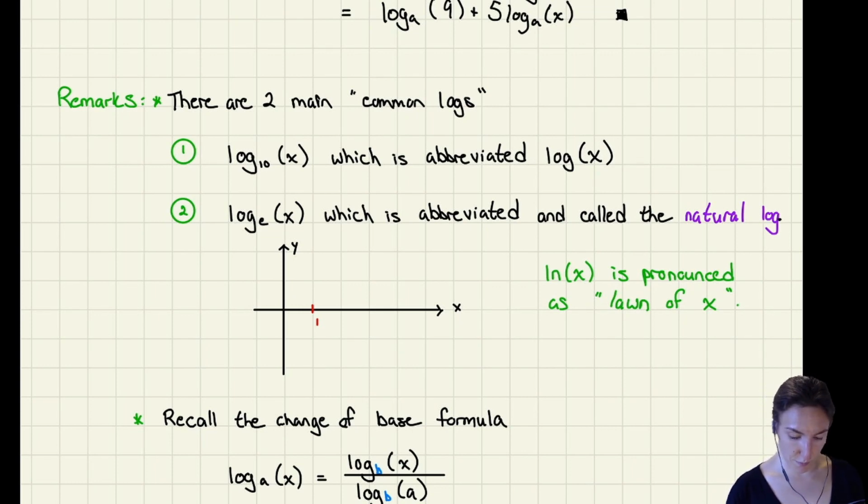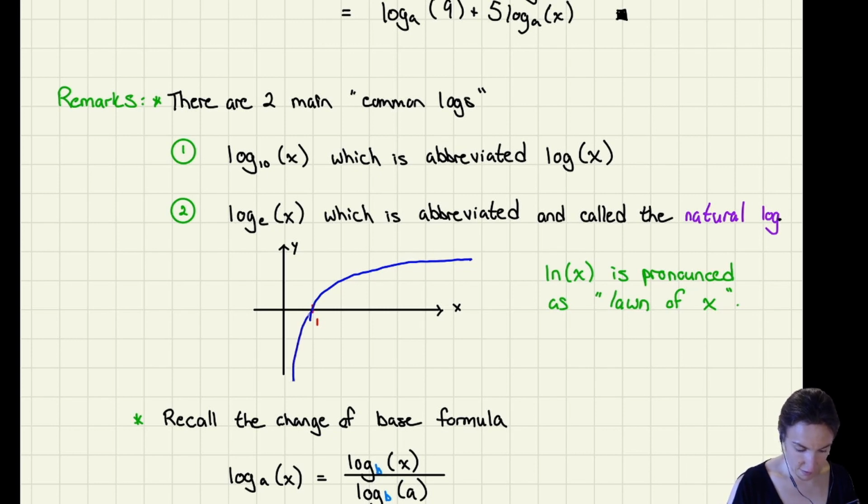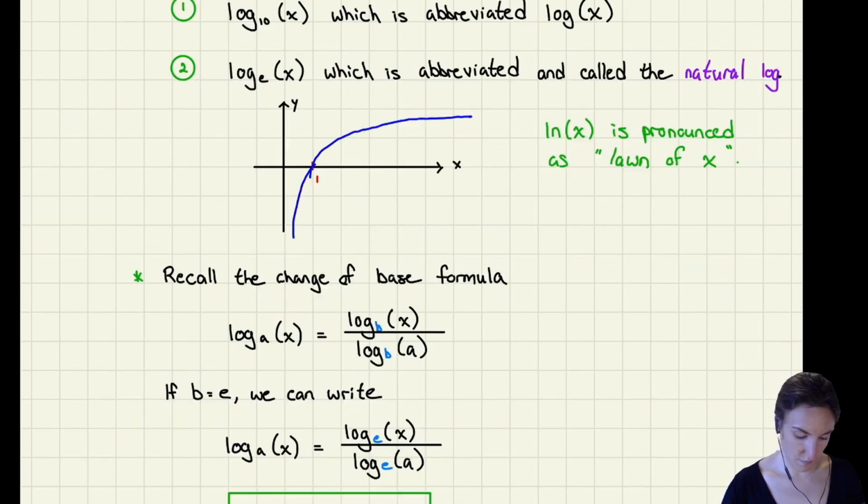And I kind of showed it before, but again, what does it look like? If x is equal to 1, we cross, and then it looks something like this. It grows much slower than exponential functions. And then between 0 and 1, so between here and here, the value just gets more and more negative.